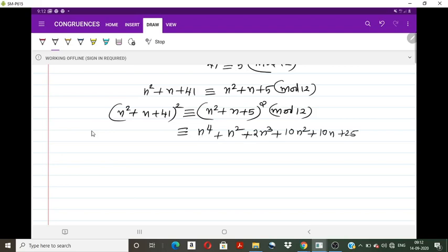So it is a square, n raised to 4, b square, n square, then the 2ab term, that is 2n cube, plus 2 into n square into 5, that is 10n square, plus 2 into 5 into n, that is 10n, plus c square, that is 25, modulo 12. So again this is congruent to n raised to 4 plus 2n cube, now adding the like terms, 11n square plus 10n plus 25.